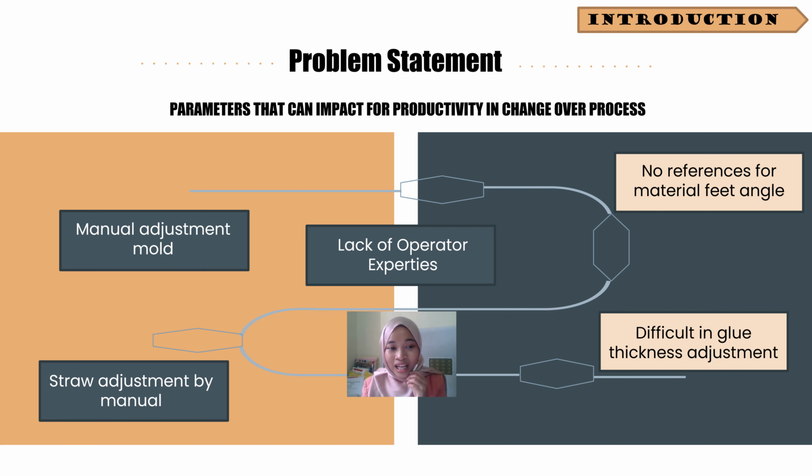The problems are manual mold adjustment, lack of operator expertise, no reference for material fit angle, difficulty in glue thickness adjustment, and manual straw adjustment. A lot of manual adjustment is causing a lot of wasted time throughout the process.